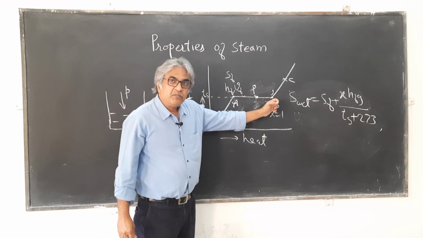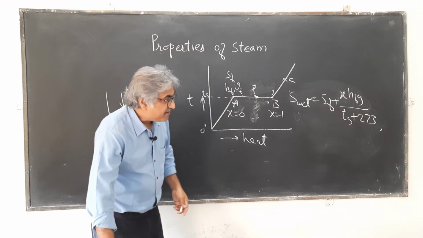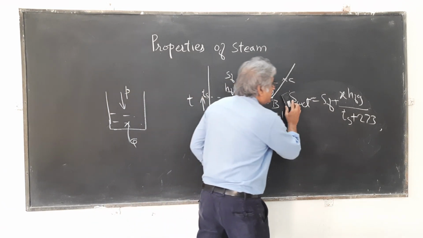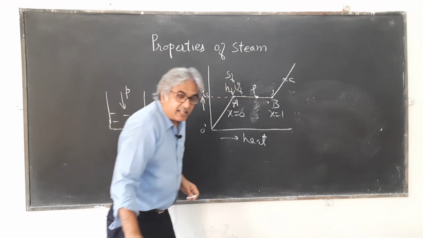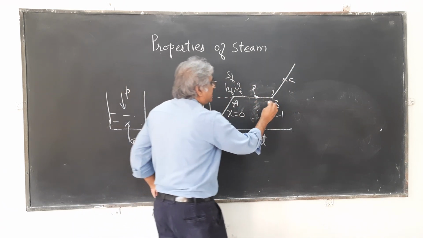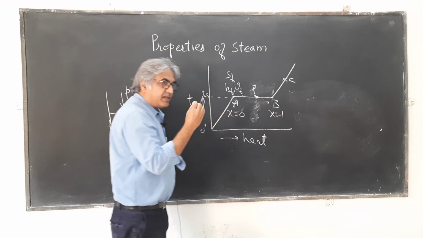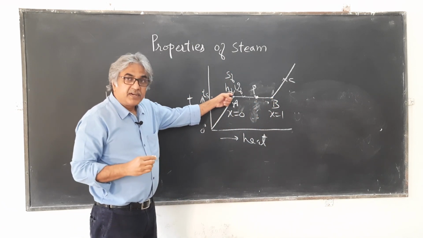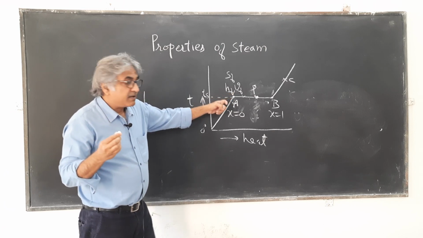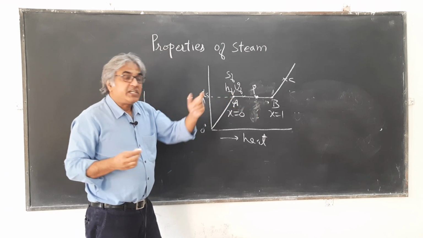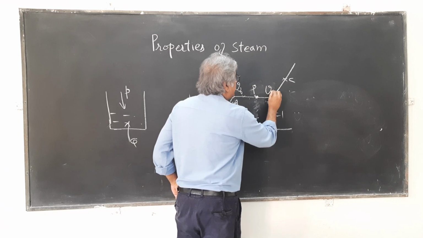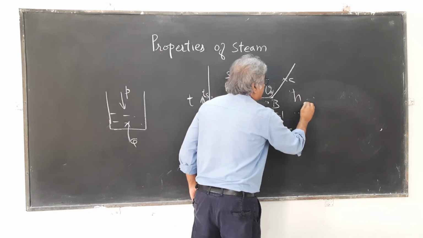Now let's move to point B. At point B, the steam is dry saturated. So what is the enthalpy of dry saturated steam? Since this is dry saturated, where we used small f for denoting saturated liquid, here you will use small g, like specific volume, which we said is Vg. What about the enthalpy?